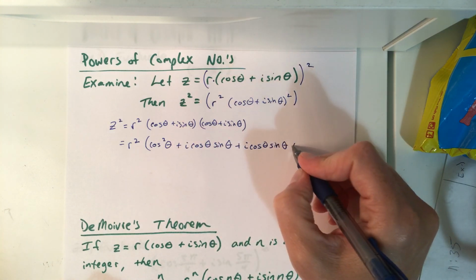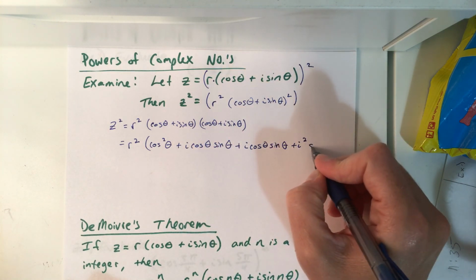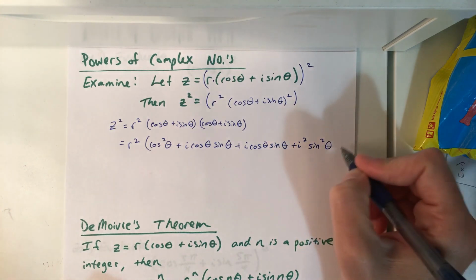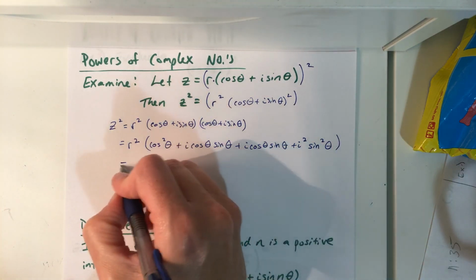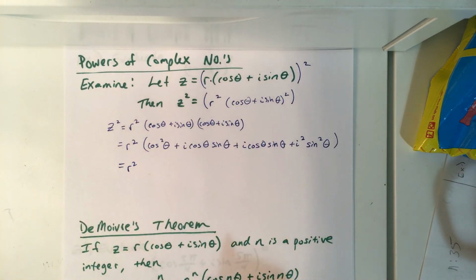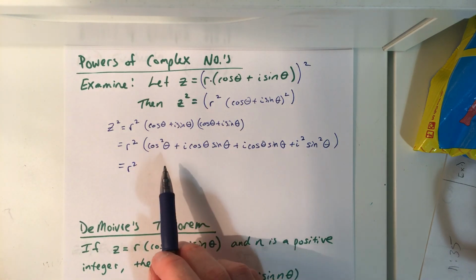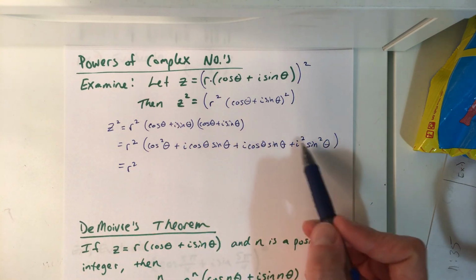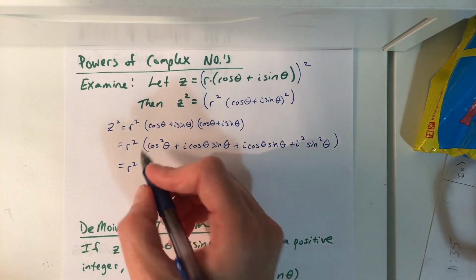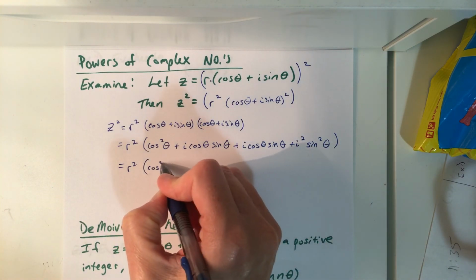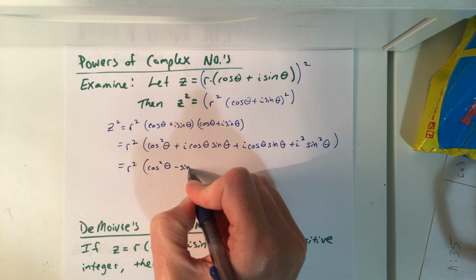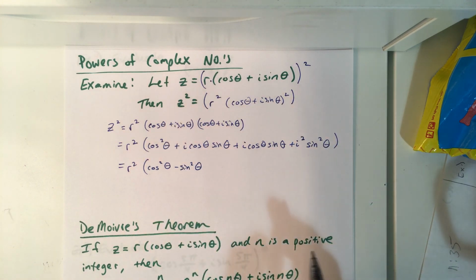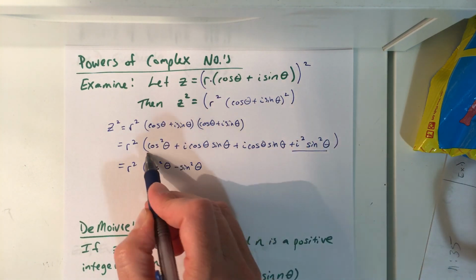And the last would be plus I squared sine squared theta. Cleaning this up a little bit, we can combine these two and factor out the I. We can also think about I squared becoming a -1. So I'm going to write cosine squared minus sine squared. So I've used up this term and this term.